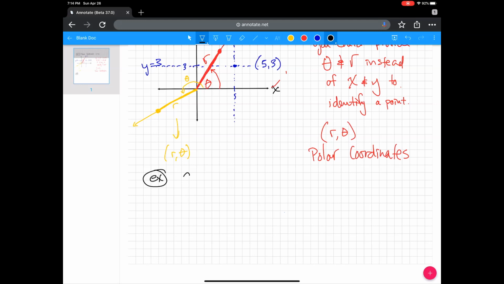So I could say something like, give polar coordinates for the point 4, 4. Where 4, 4 is the Cartesian coordinates of the point. So we can imagine that I have a graphing system like here.